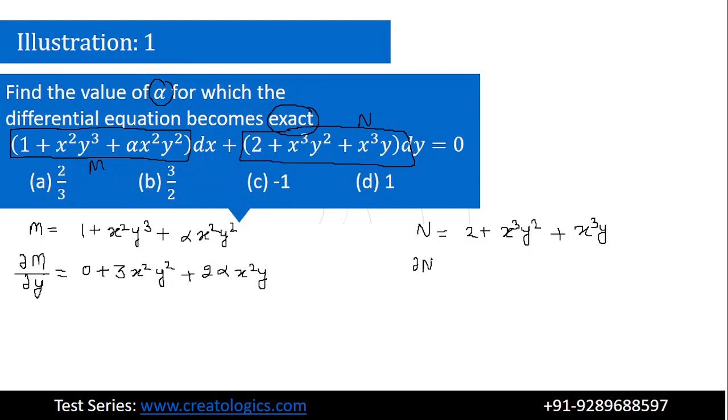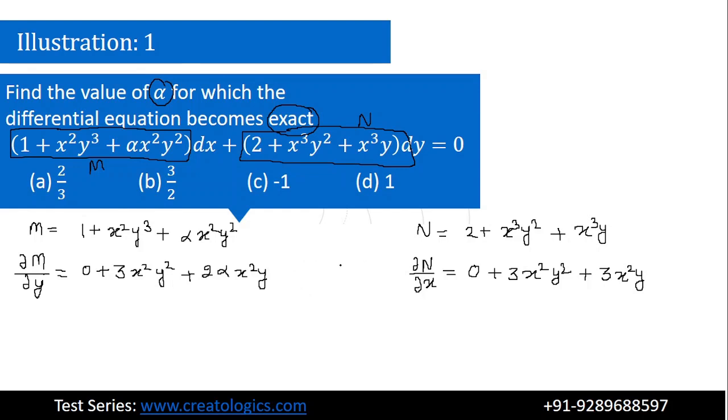Now partially differentiate N with respect to x, keeping y as constant. The differentiation of 2 is 0, then for x cubed y squared, y squared is constant, so we get 3x squared y squared. For x cubed y, the derivative will be 3x squared y.